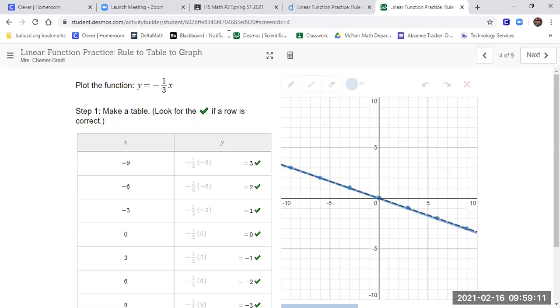If I had chosen x equals 1 and I put it into the rule they gave me, what would my y have been?